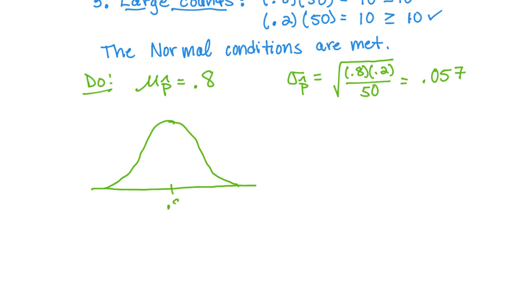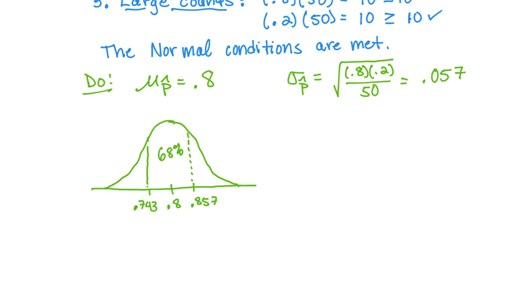Our next step, we're going to draw our normal curve. Put your proportion in the middle here, and we're trying to find how many cars are going to be 1 to 2 standard deviations away from our mean, so we can use our empirical rule here. We can see that 68% of our distribution falls between 0.743, 1 standard deviation below, and 0.857, 1 standard deviation above.